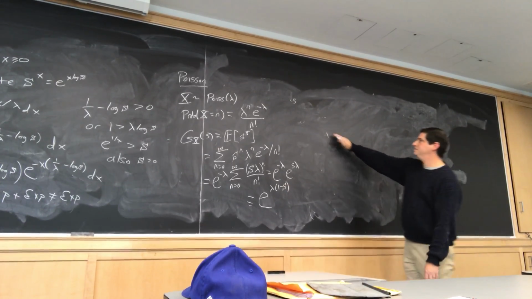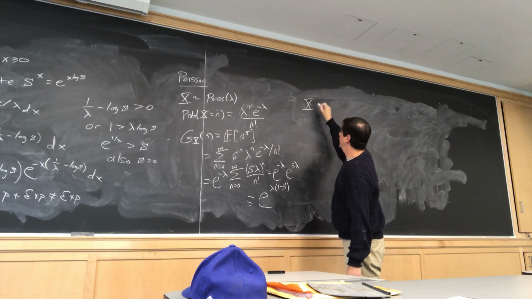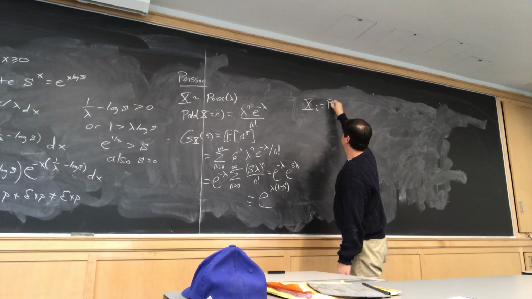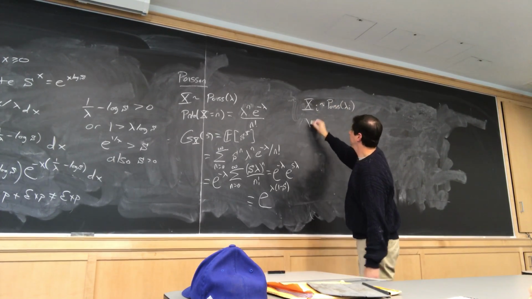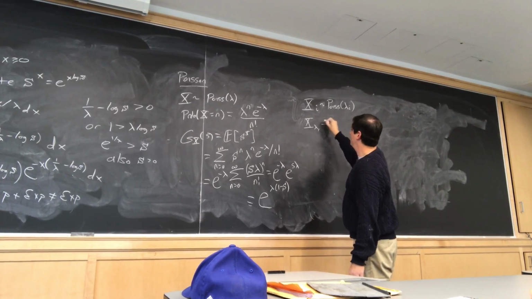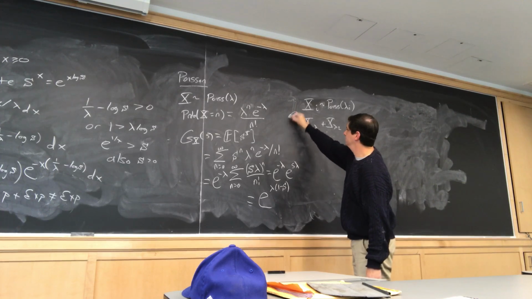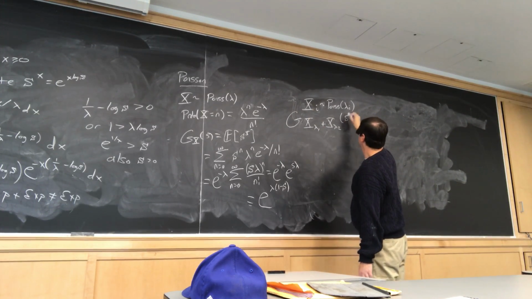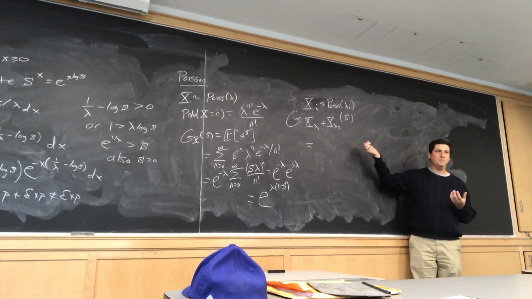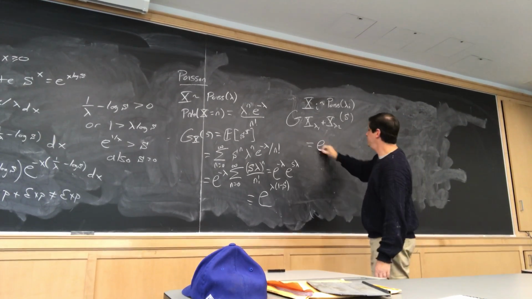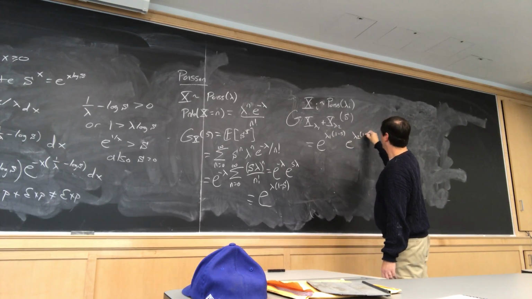And now what's really nice is if we have x_i Poisson with parameter lambda_i, then say X lambda 1 plus X lambda 2, if we look at the generating function, well, the generating function of a sum is the product of the generating functions. So we get e to the lambda 1 times 1 minus s, e to the lambda 2 times 1 minus s.